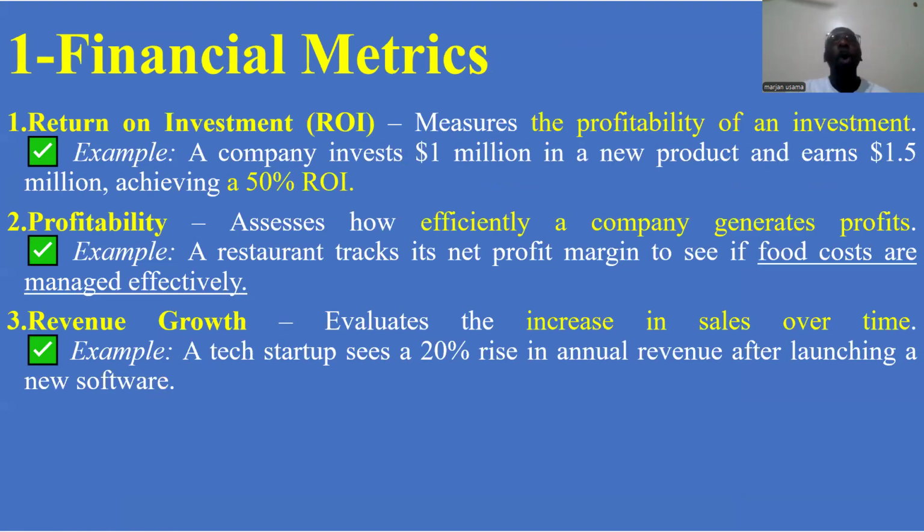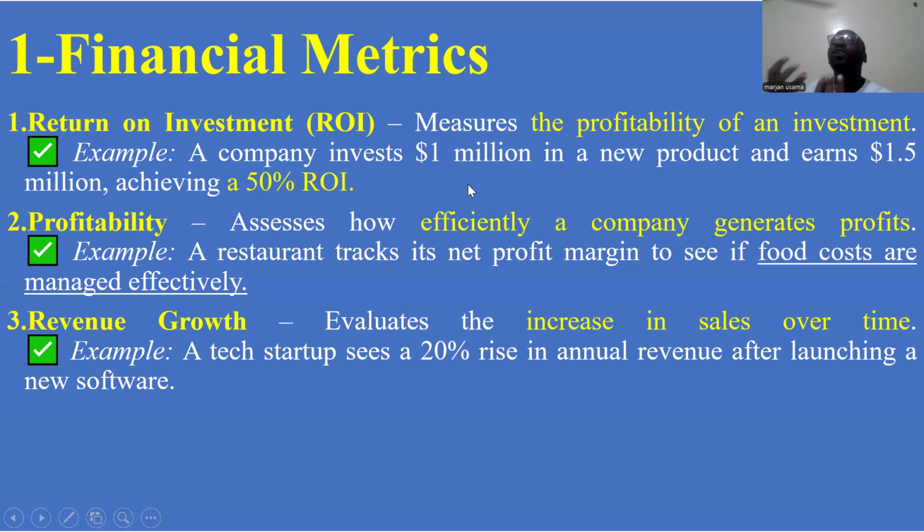So these are the two metrics that can help us to evaluate our performance. Now, when you are talking about the financial metrics, they are quantitative. So the first one is the financial metrics. And when you're talking about the financial metrics, we have the return on investment. So this one measures the profitability of an investment. Example, a company invests 1 million in a new product and earns 1.5 million, achieving a 50% return on investment.